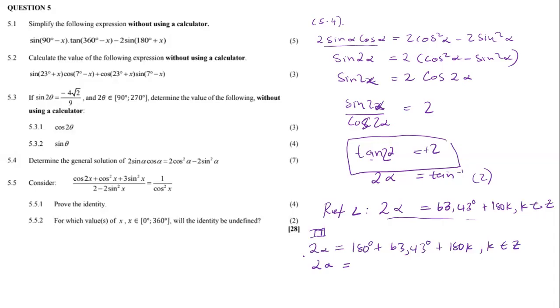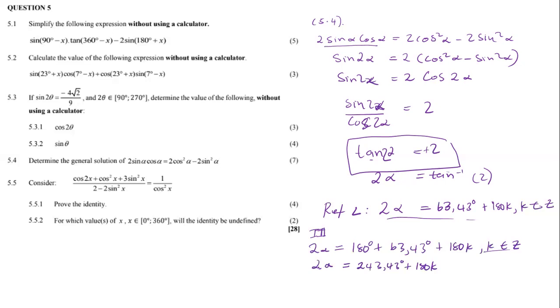On my calculator I get 243.43 degrees plus 180 times k. I don't need this thing anymore. K is the element of integers, I've already mentioned it from the first step.